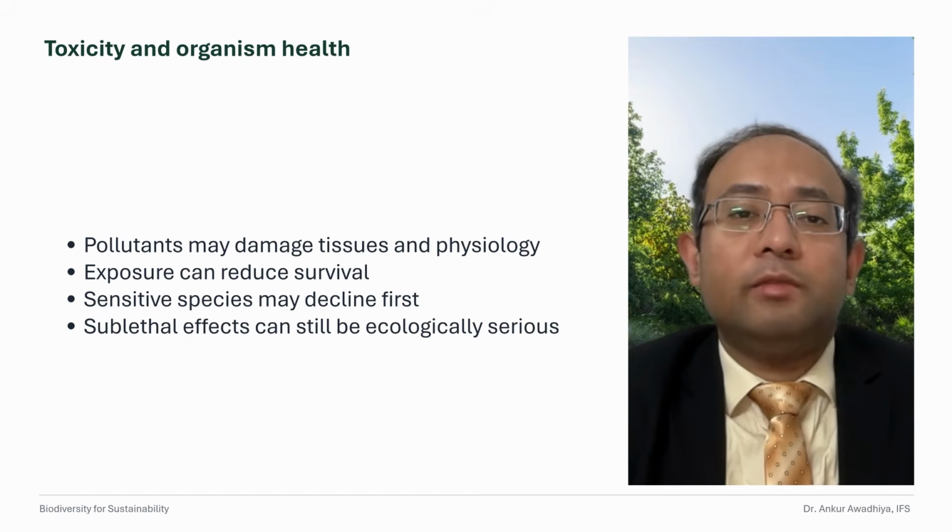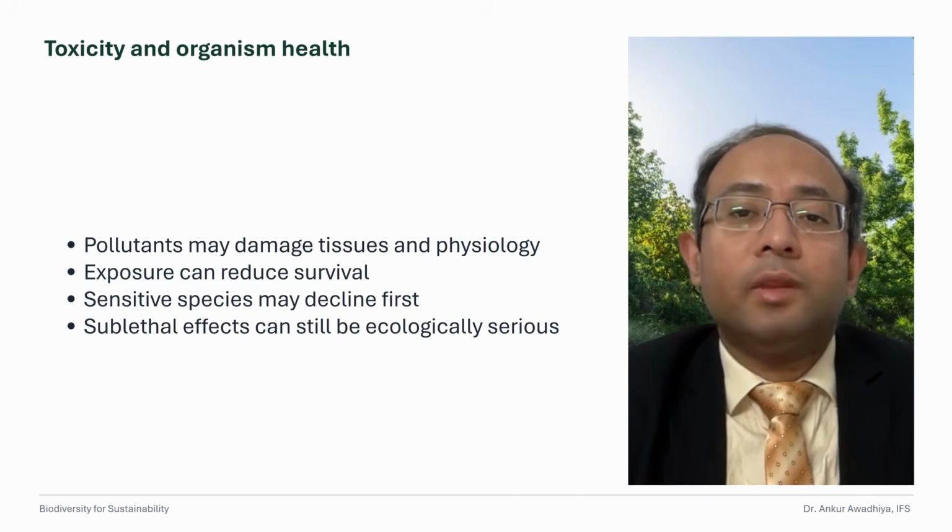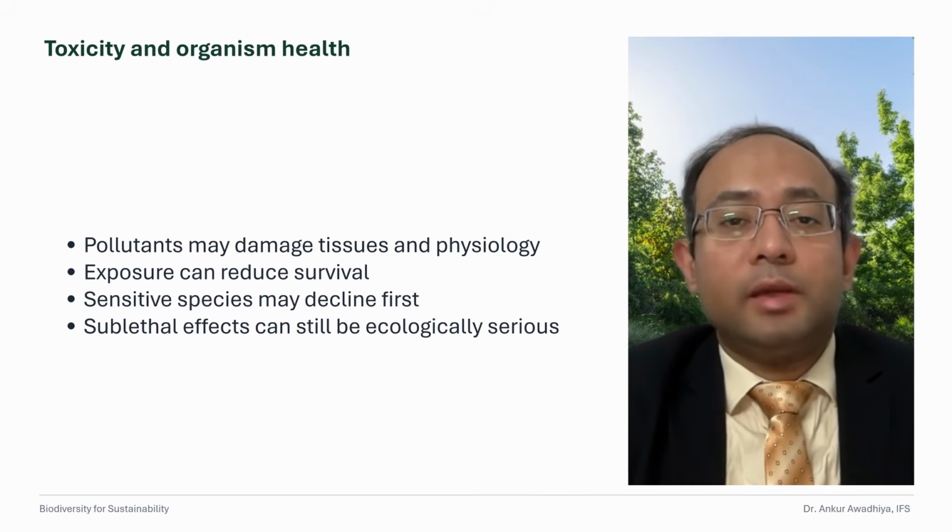These sublethal effects alter long-term population dynamics, even when mortality appears to be low. Sensitive species often respond first, declining before more tolerant species are visibly affected. And as they are lost, the community structure begins to change and the ecological functions they provide may start to weaken.